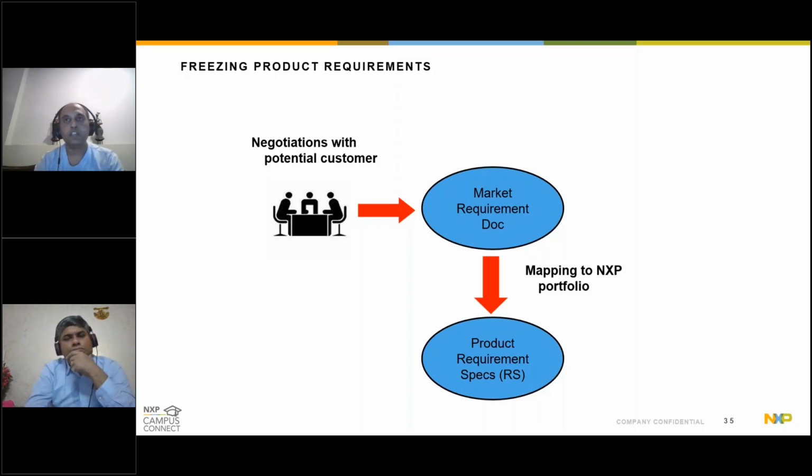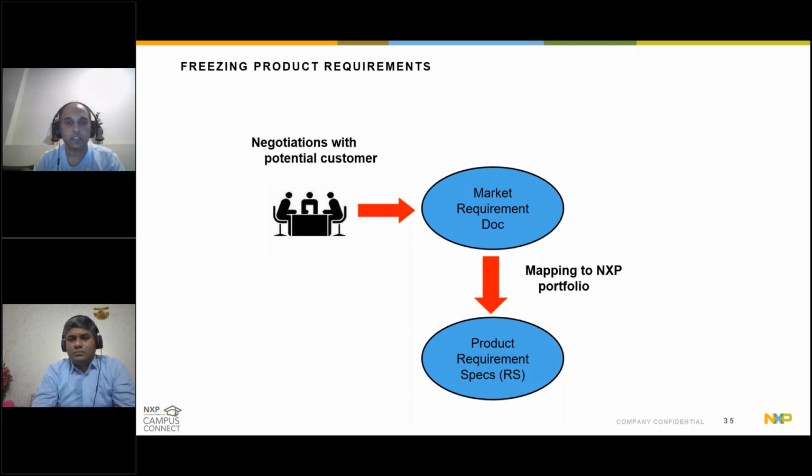Similarly, he may say, I want to process what is happening around through a vision processing engine. Those are the kind of market requirements which the technical marketing folks will capture in discussion with the customers, understanding their future requirements, right?